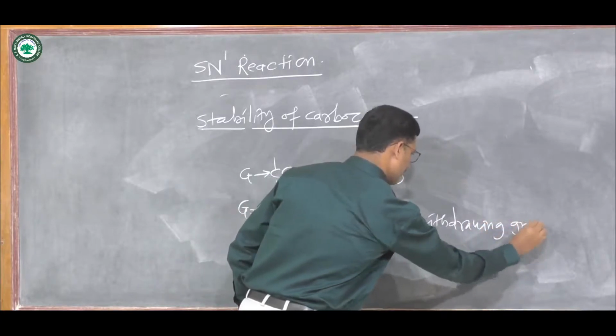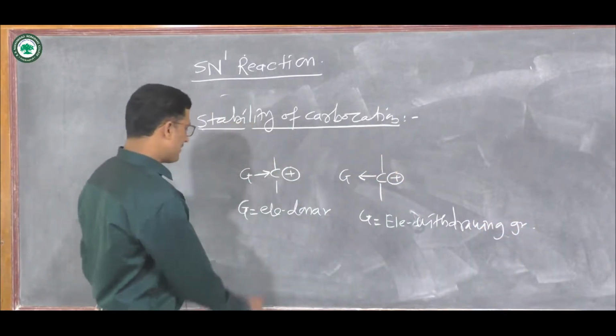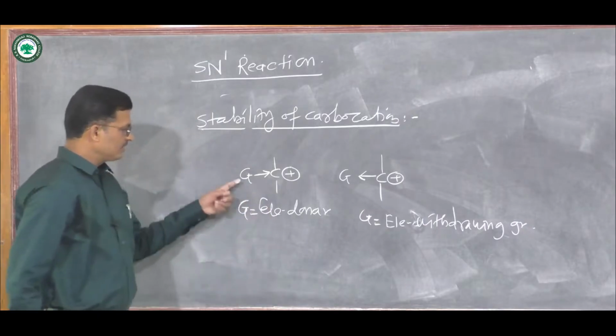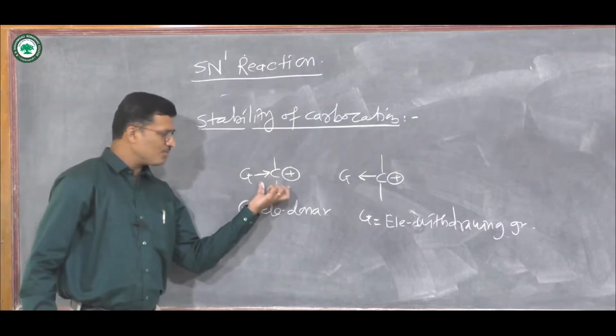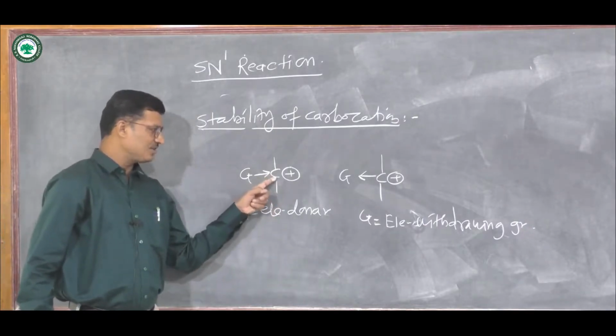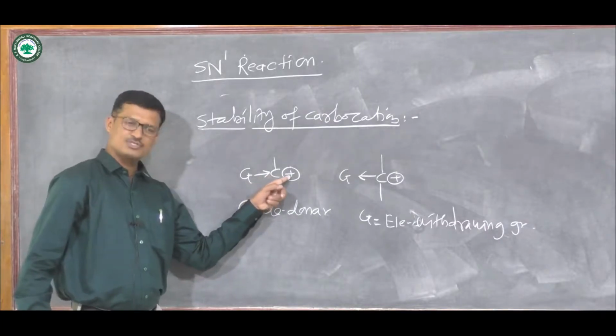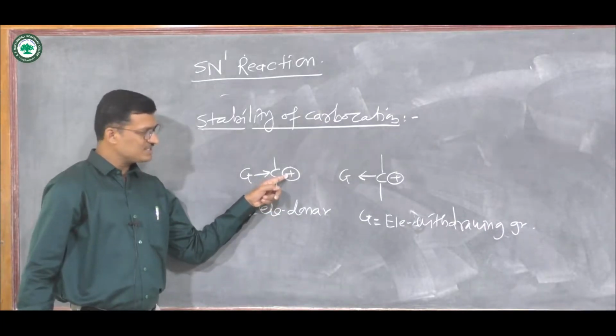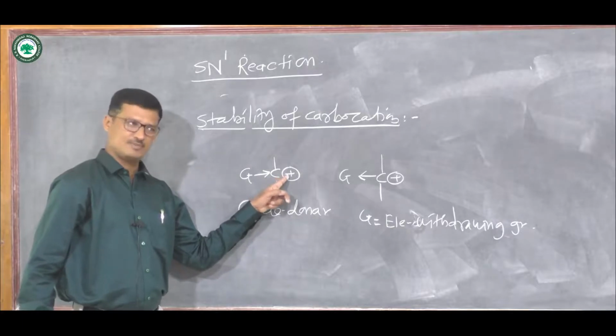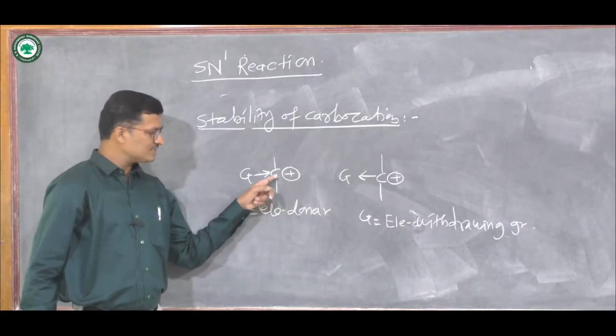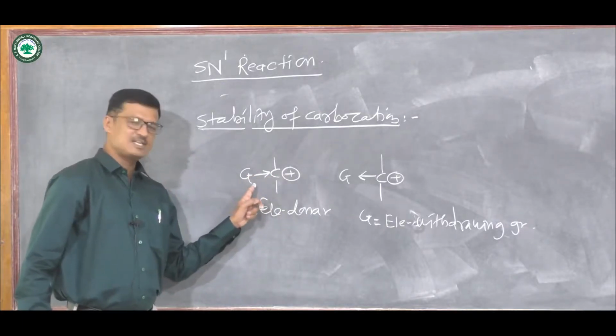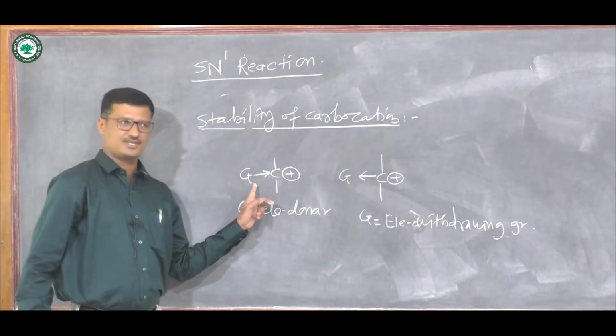What happens here? We remember the law of electrostatics: this carbon has the positive charge. When this positive charge is dispersed, the carbocation is more stable. When the positive charge on this carbon is intensified, the stability of the carbocation decreases.